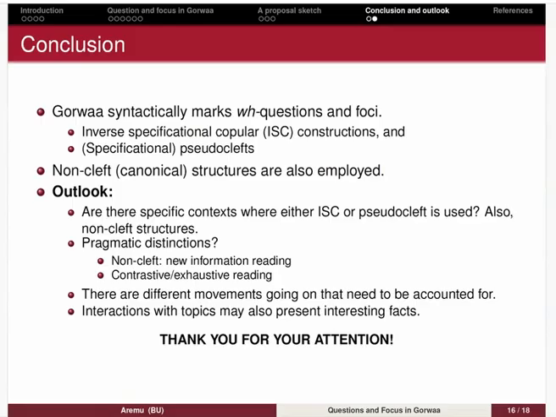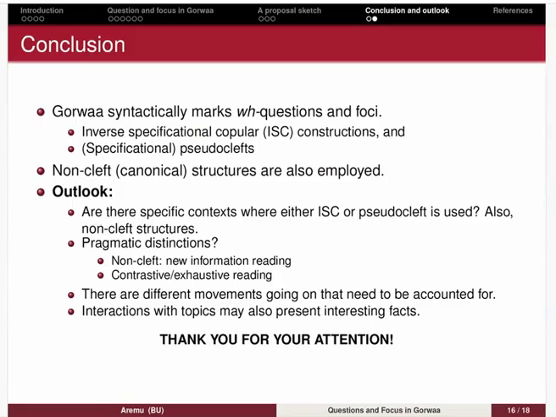Yeah, so that's a very interesting question because usually for new information, people have used WH answer congruence to test new information, but again and again, there is a lot of literature out there which has shown that it's not entirely adequate. As much as it gives us new information, we can also have contexts where even answers to WH questions, just like we find in Gorwaa already, where you find pseudo cleft as answers to WH questions.